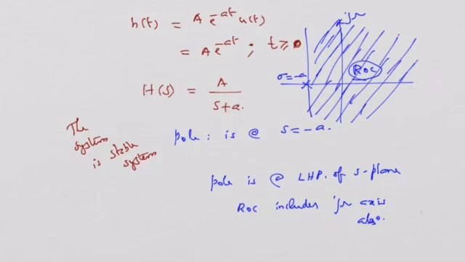That's how you have to identify from its impulse response. From the impulse response, you have to identify the poles. From the poles, you have to say whether the pole is located on the left half of the plane or not. And you should also determine the region of convergence. If the region of convergence includes the imaginary axis also, then only you can declare that the system with that impulse response will be a stable system.